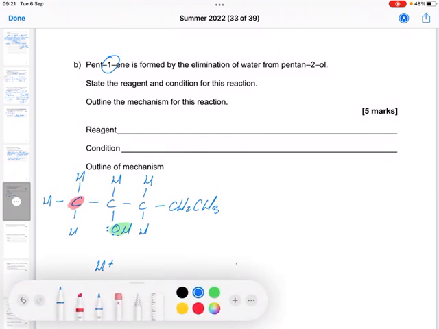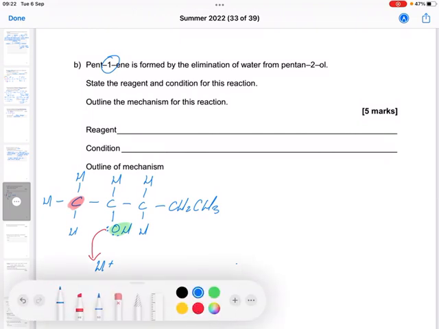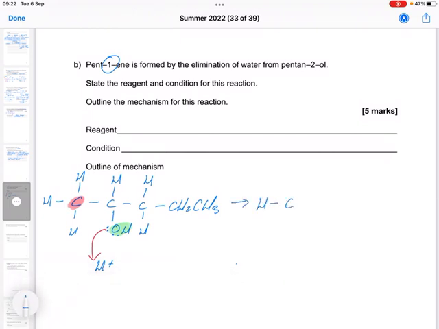So curly arrow from the lone pair to there, which gives me my intermediate, CH2, CH2, CH3, and then I've got OH2 with a plus on here.